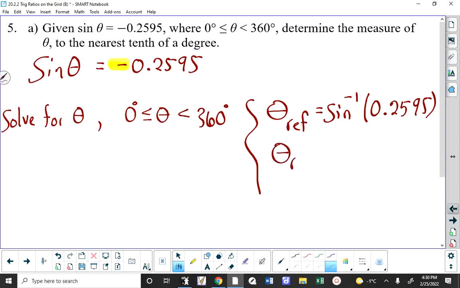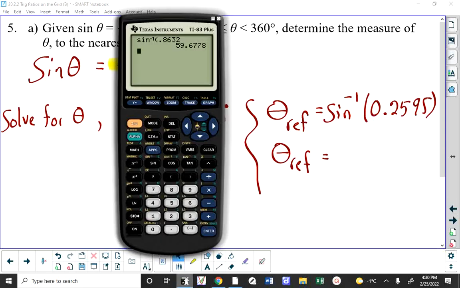If the sine is equal to a negative, or the cosine is equal to a negative, or the tangent is equal to a negative, you do not include the negative when you find the reference angle. All right, so we're going to take our calculator and take the inverse sine of 0.2595, and we get to the nearest tenth, 15.0 degrees.